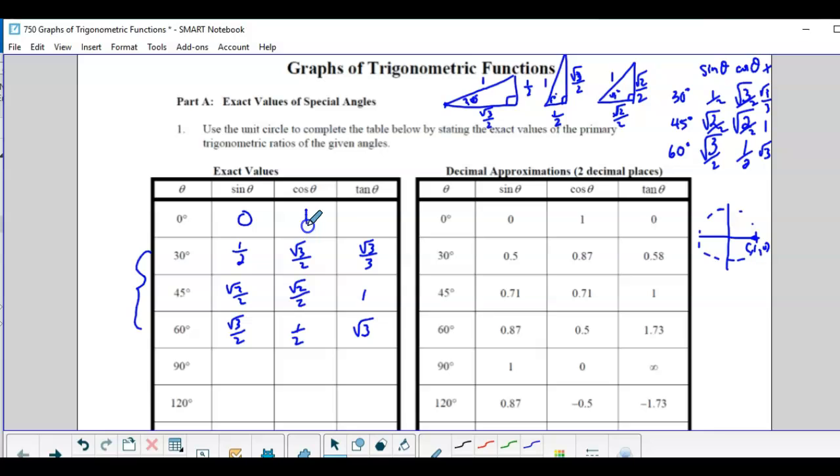Cos is 1, and tan is 0. Then 90 degrees is up here. The coordinates there are 0, 1. So sine is 1, cos is 0, and tan is undefined. 1 divided by 0, can't do it, right? So it's undefined.